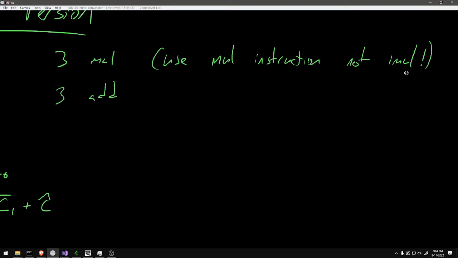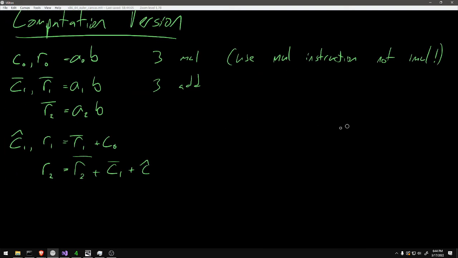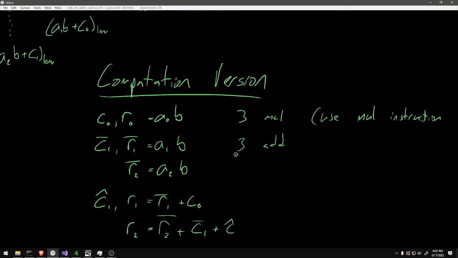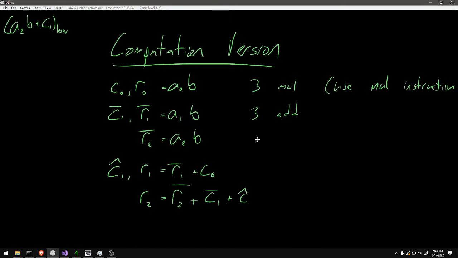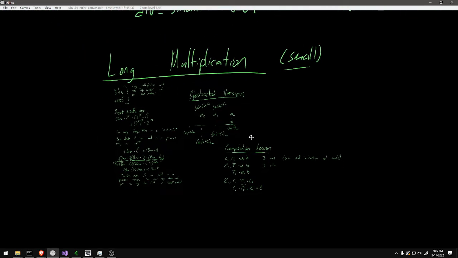That way we can get the high bits. I guess technically we can get the high bits with imul, but we don't. We're going to go with unsigned multiplication for this one so that we don't get any surprises. Okay, so that's how we're going to do multiply.